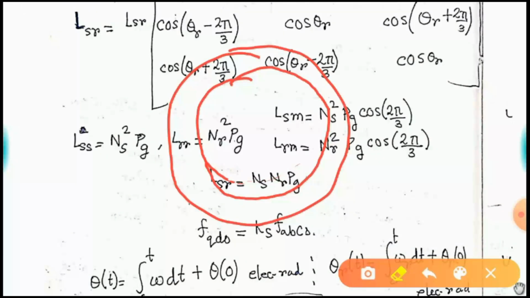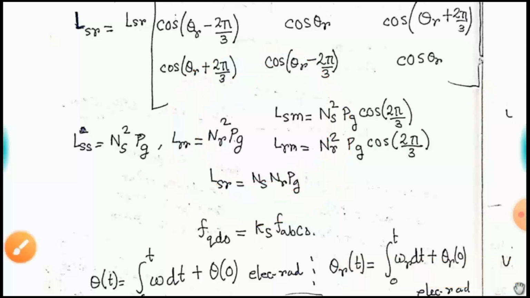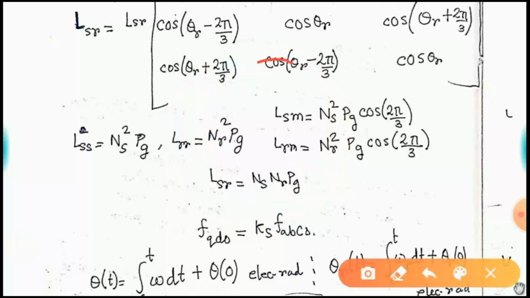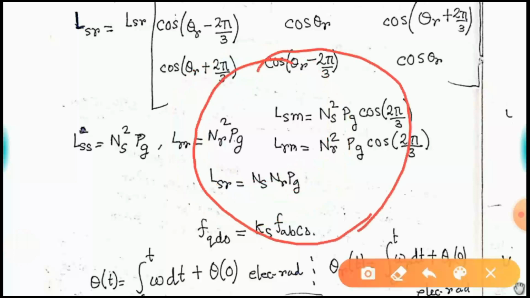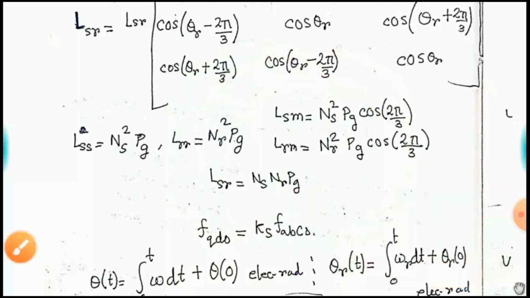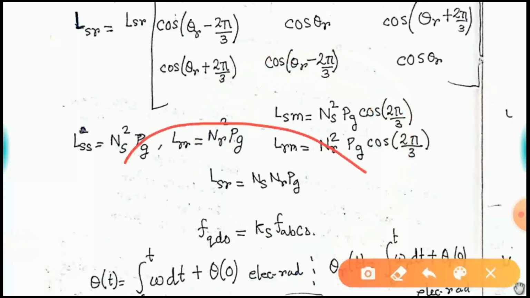Although it's not exactly even, you can understand that this is an even case. So in case of an even air gap, what I'm trying to show you here is by drawing these lines.